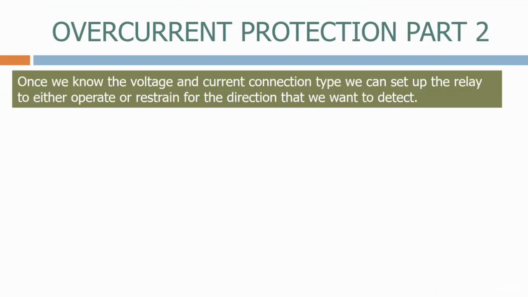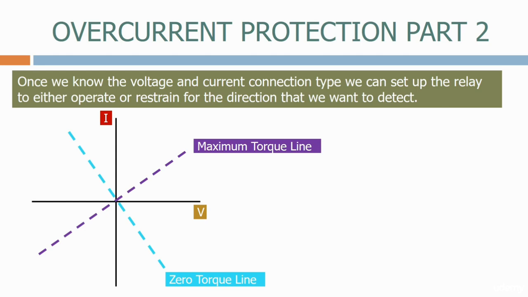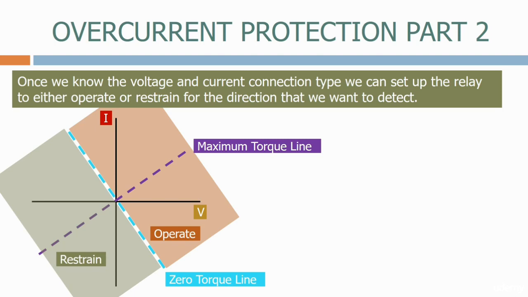Once we know the voltage and current connection type, we can set up the relay to either operate or restrain for the direction that we want to detect. Here we have a graph with the current on the vertical and the voltage on the horizontal. We draw two lines, the maximum torque line and the zero torque line, with the operate zone on the right of the zero torque line and the restrained zone on the left of the zero torque line.